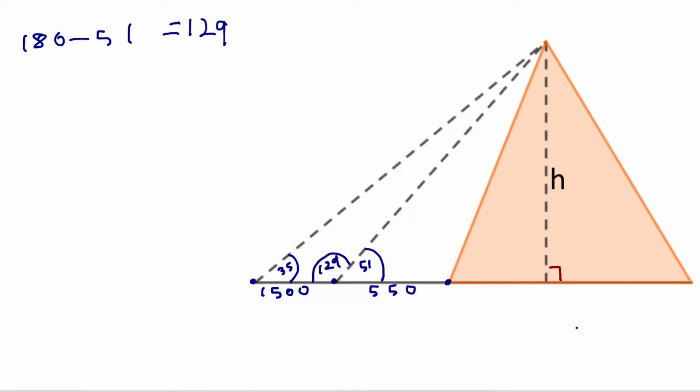That means I can figure out this angle here in the skinny triangle, because 35 plus 129 plus whatever that angle is has to equal 180. So I have 180 minus 35 minus 129 is equal to that angle up there, 16 degrees.